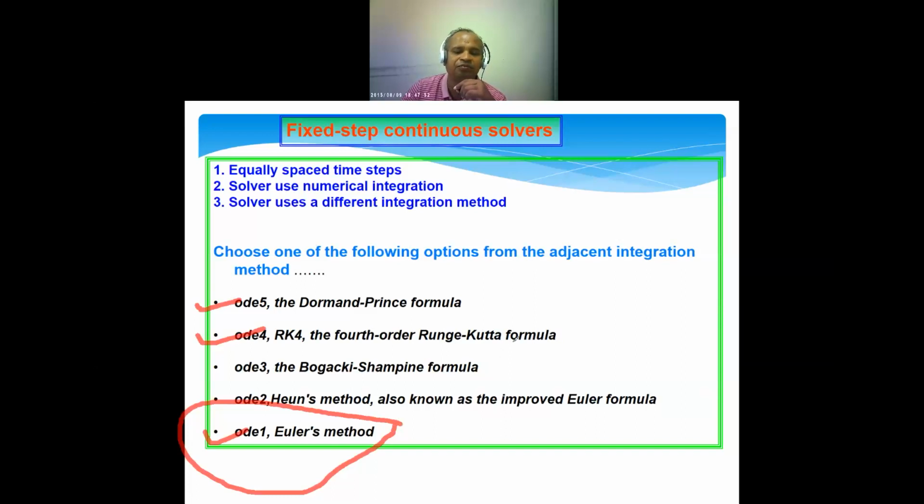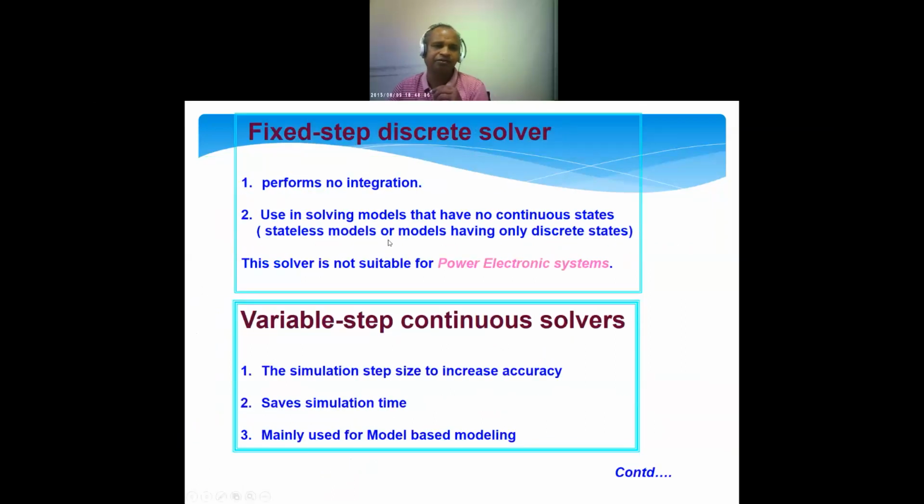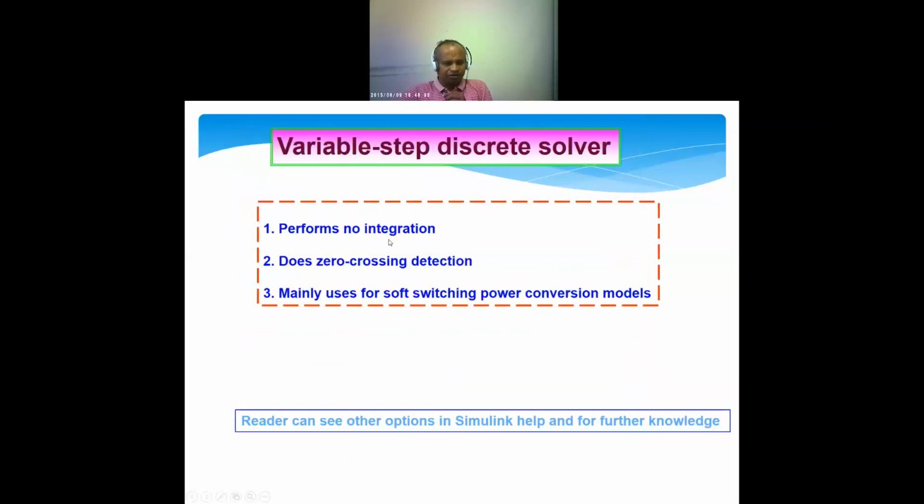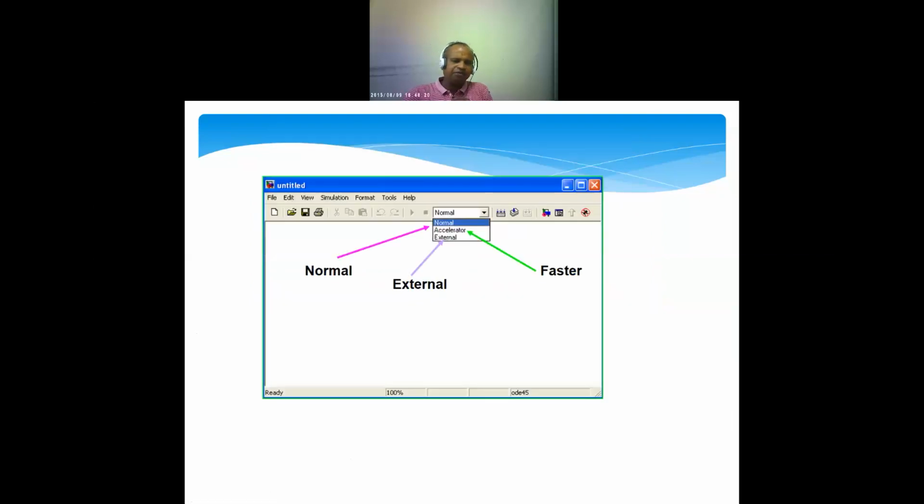And for our programming we use ODE4 or ODE3, this type of solvers. After choosing the solvers, we have fixed discrete, variable continuous, and variable step discrete solver. These are the different kinds of solving methodology, and these can be applied here. For example, here there are three modes: normal, external, faster.